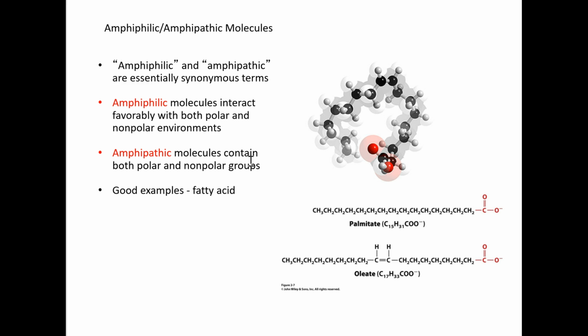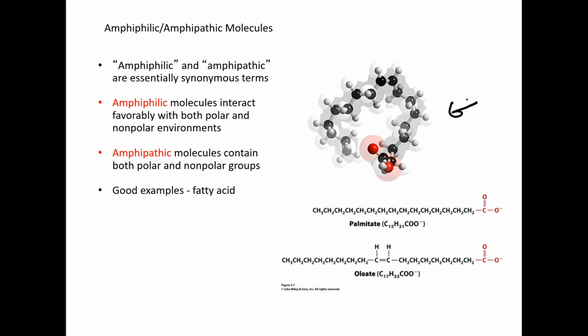You're going to see a lot of people use both these terms interchangeably, amphiphilic and amphipathic. They really are synonyms. They both mean fundamentally that, in the case of amphipathic, a molecule contains both a polar and a non-polar group. In this case, we're looking at a fatty acid. Let me get everybody oriented.